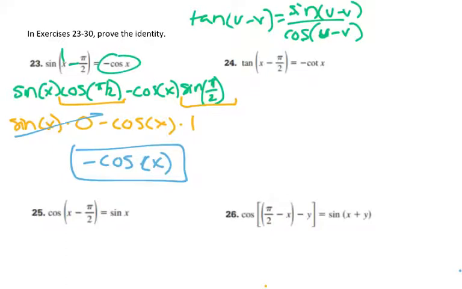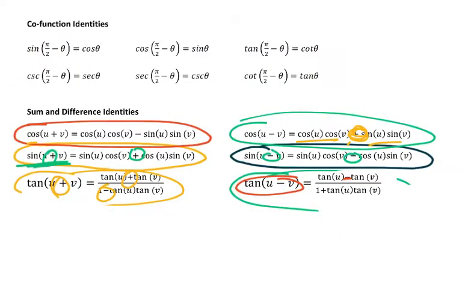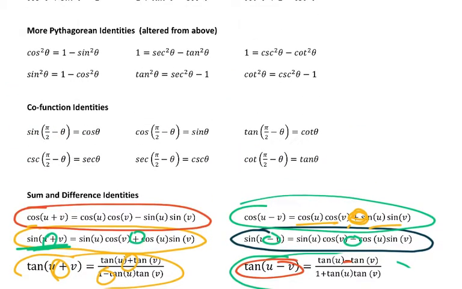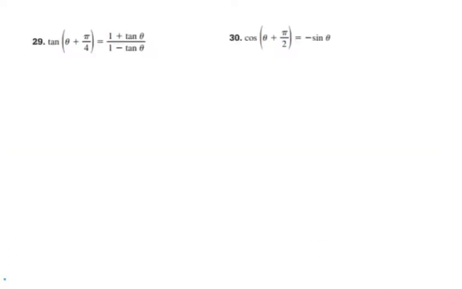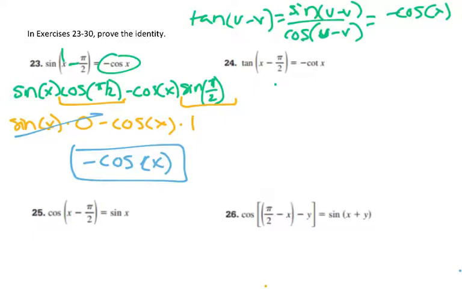So our numerator becomes negative cosine of x. And then we can use our previous idea because we're doing x minus pi over 2. So if we scroll back to here, we can use this idea here of cosine of pi over 2 minus degree measure is sine of theta, or in this case, x.